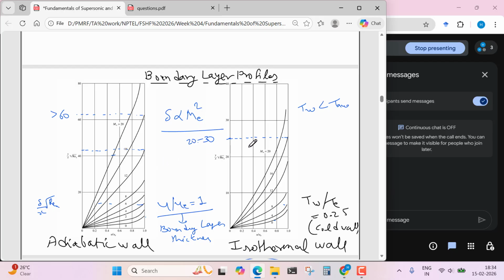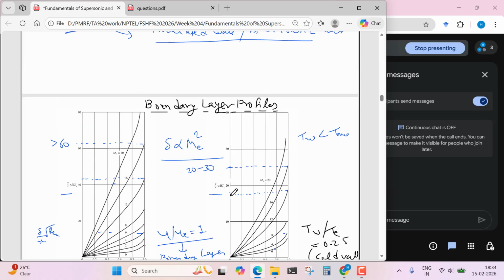And if you take the isothermal wall for M equal to 12, we'll get its value less than 20. This value is of y upon x under root Re_x. It is not the boundary layer thickness properly, but it is proportional to the boundary layer thickness. So you can see that for the adiabatic wall, boundary layer thickness is always greater than for the isothermal wall.